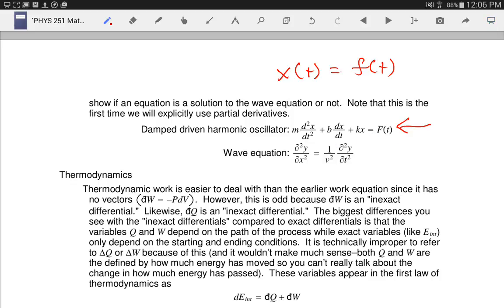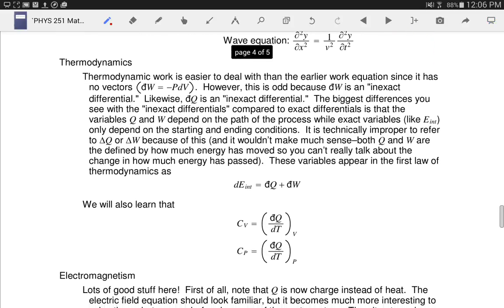So I'm just going to expect you to check a solution, not to find the solution. This one here, the wave equation, is likewise a second order differential equation, and it has partials in it. It'll be the same thing. I will expect you to be able to check a solution to see if it really is a solution or not, but not to actually find the solutions.